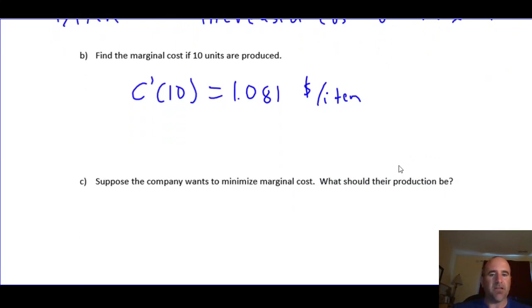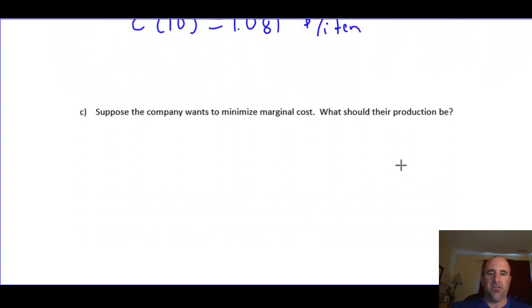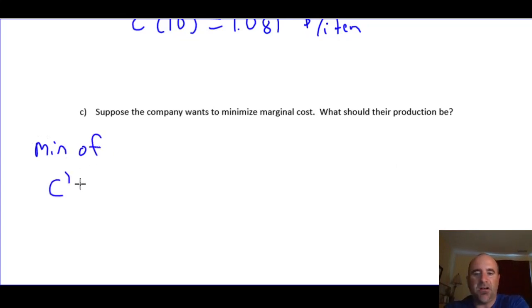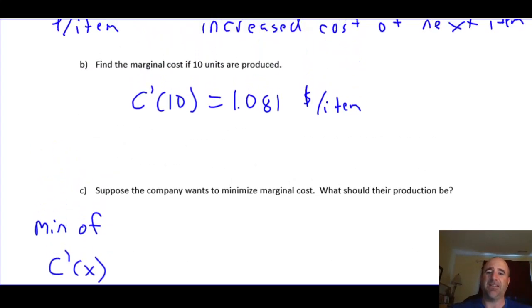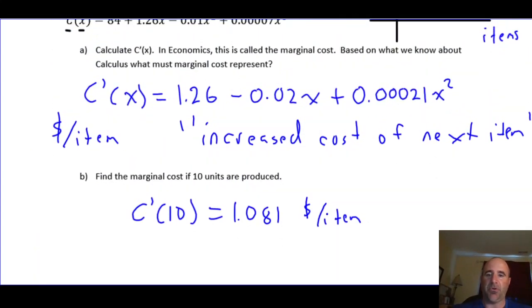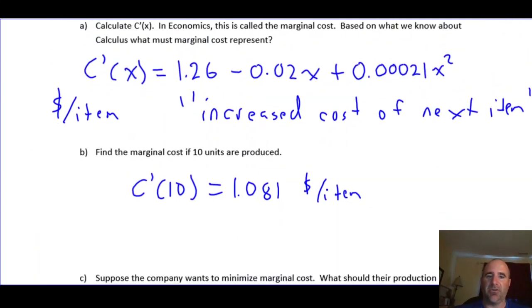Well, if they want to minimize marginal cost, then we're looking at finding the minimum value of C prime of x, not of C of x, but of C prime of x. So we again need to look at the next derivative to figure that out. There's C prime of x. We need to take the derivative of that.